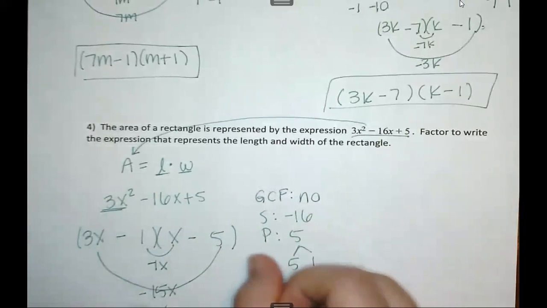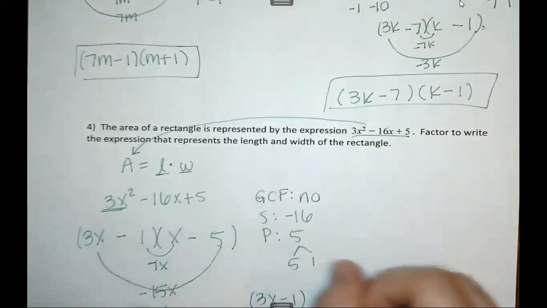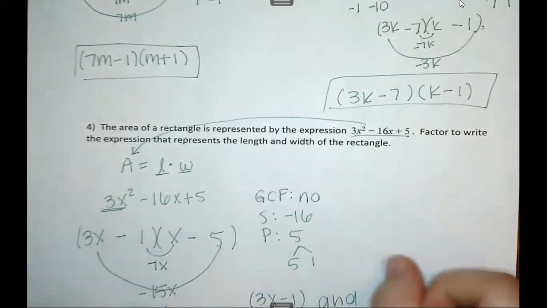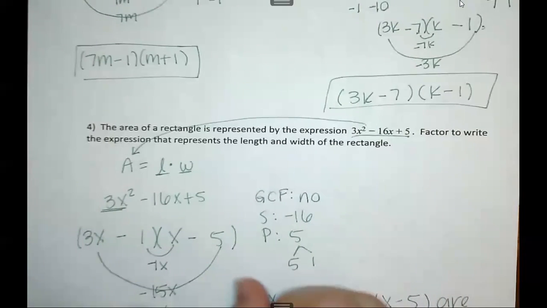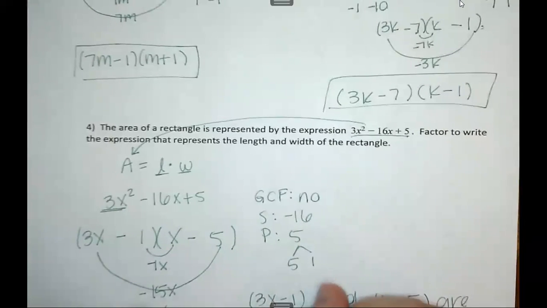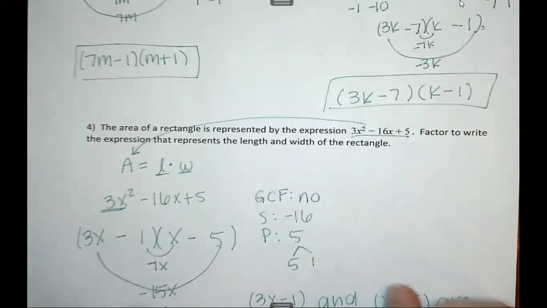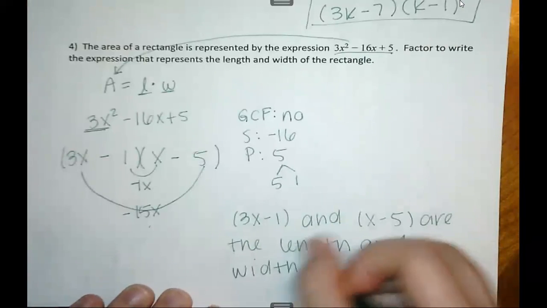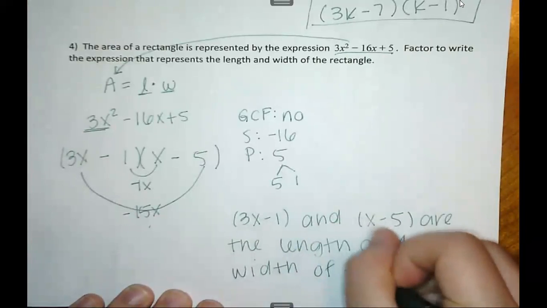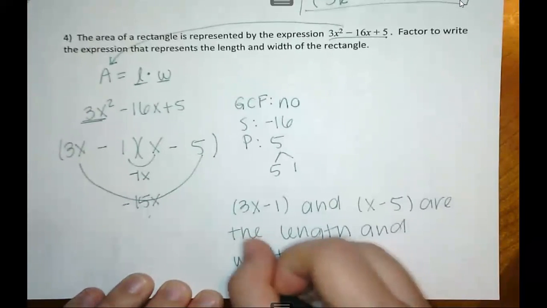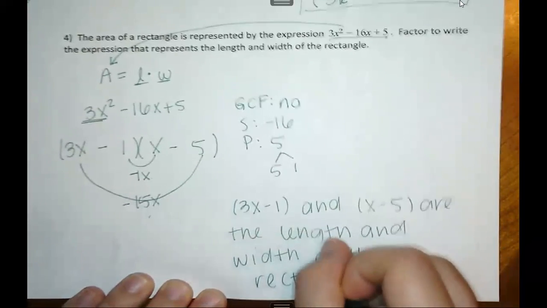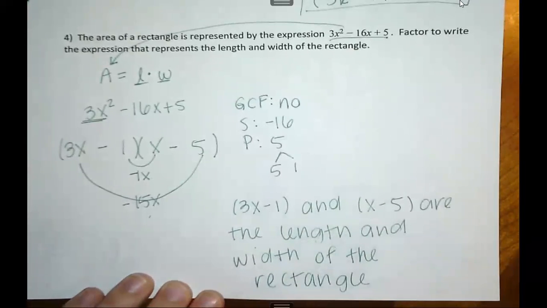So 3x minus 1 and x minus 5 are the length and width of the rectangle. Oops, sorry, I didn't realize that wasn't on there. And there we go.